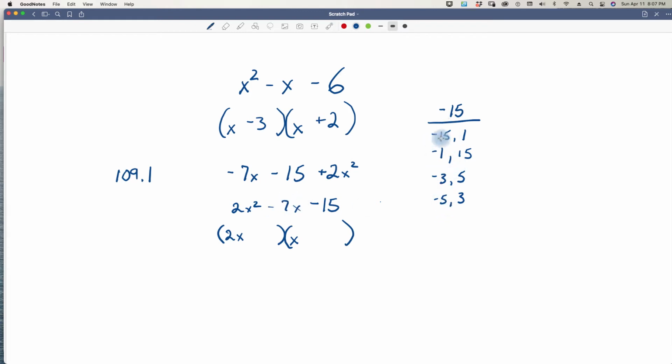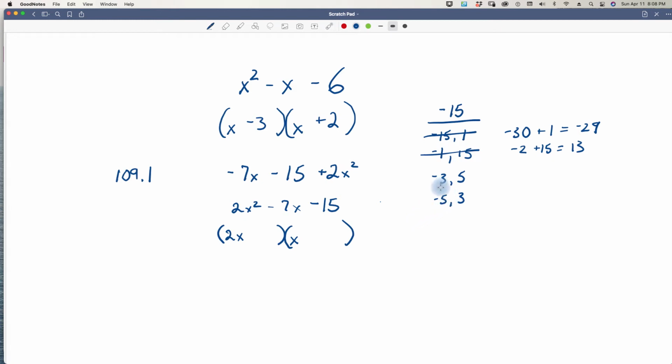All right, so if we said 2 times -15, we would have -30 and a +1. That gives us -29. So that's not it. If we said 2 times -1, we would have -2 and a +15. And that would give us a +13. So that's not it.